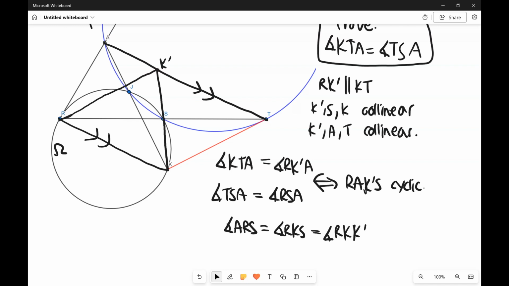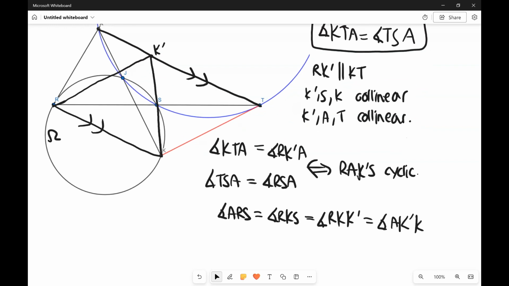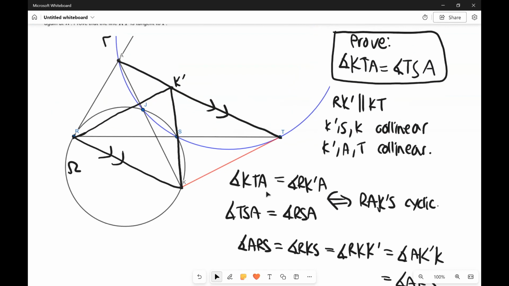And because of the parallel lines, this is equal to directed angle AK prime K. And since K prime, S, and K are collinear as shown here, this is equal to directed angle AK prime S. And we have shown that this quadrilateral here is cyclic, and we are done.